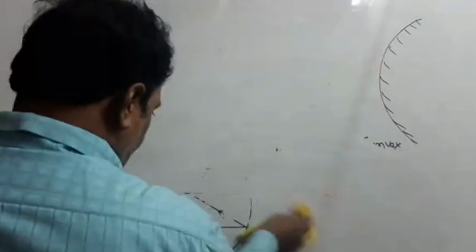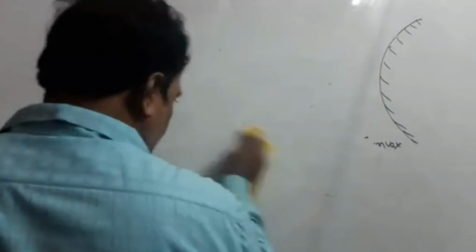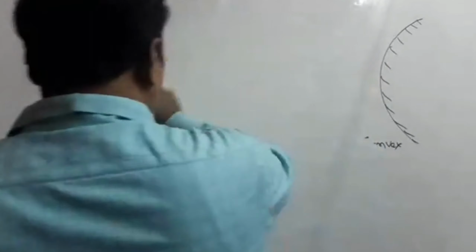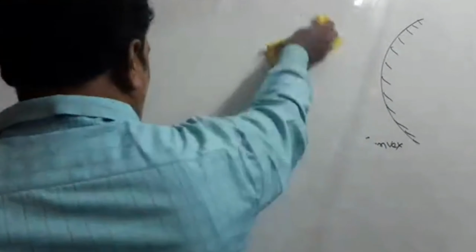For a convex mirror you have only two cases, and one case is common to both concave and convex. Now I want to concentrate on concave.